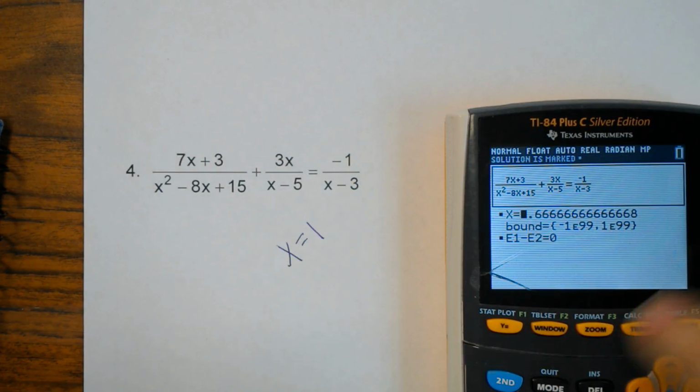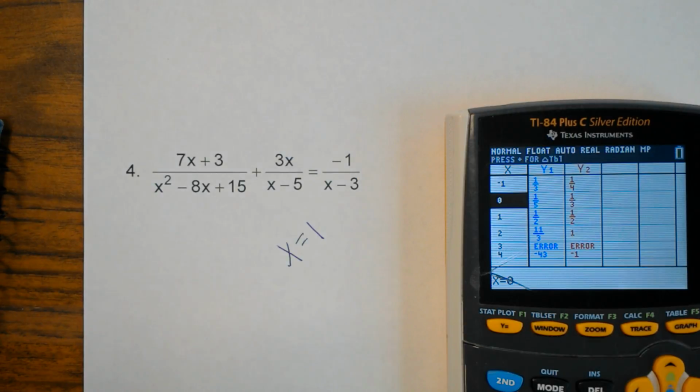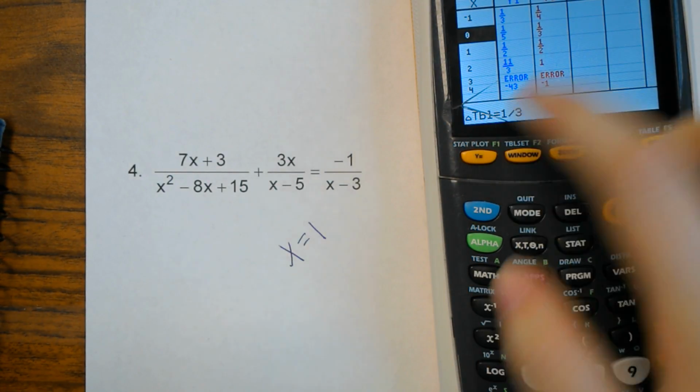So it's a decimal. So I'm going to go second table and go to 0. And I want to see, that's not a half. Maybe that's a third. It's changing by. So if I press the plus sign, it pops up change table.